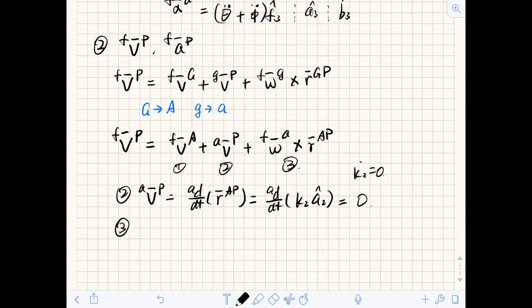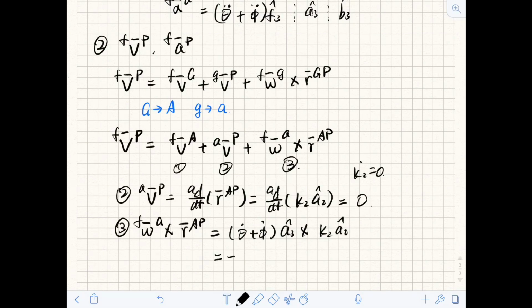And term 3, we have the angular velocity of A in F cross RAP. And we know the angular velocity of A in F, as we have found earlier, is theta dot plus phi dot in the A3 direction, and cross the position vector K2 A2.